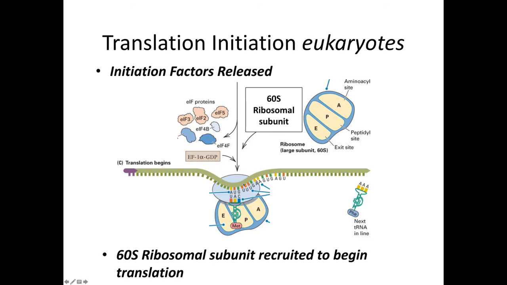Now, once the scanning occurs, these initiating factors fall off once that methionine recognizes that first codon, and then the 60S subunit will come in and join once these elongation factors basically are lost.